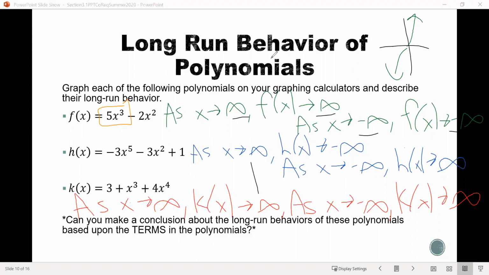For the second one, we have that as x goes towards infinity, h of x goes towards negative infinity. So that one, it's going to look something like this. Something like that. And as x goes towards negative infinity, we see it going up. So it looks like this. So it kind of looks like the one before, just reflected, right?